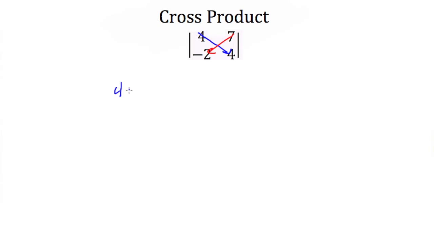So 4 times 4 is 16, and then we're subtracting 7 times -2, which is -14. Now we're subtracting a negative, so that's the same as adding. And the determinant of this matrix is equal to 30.